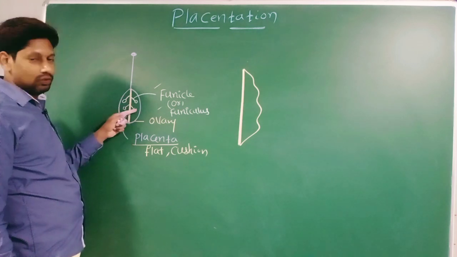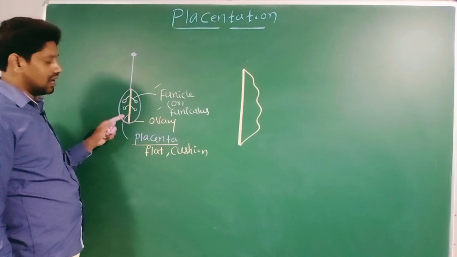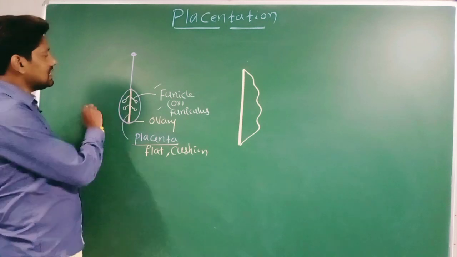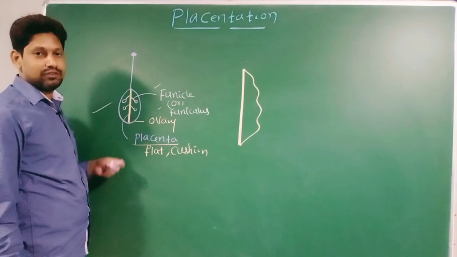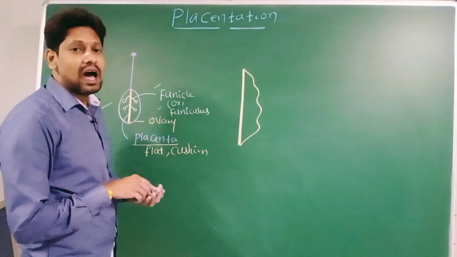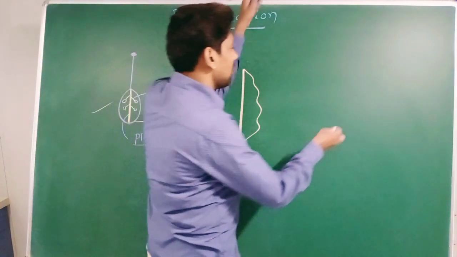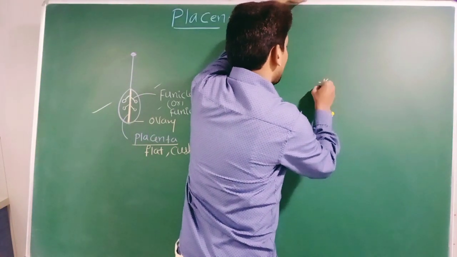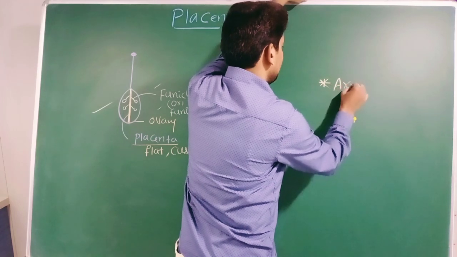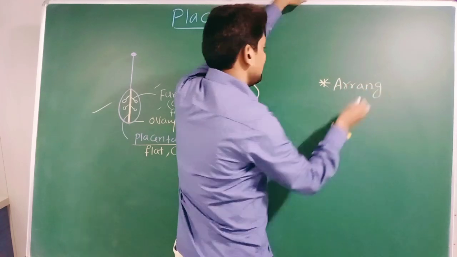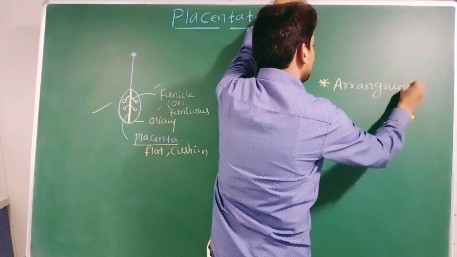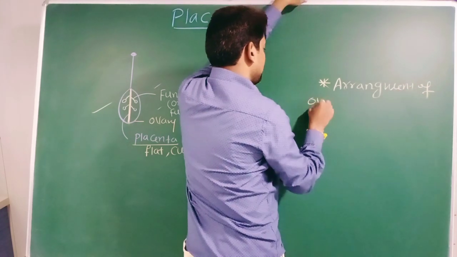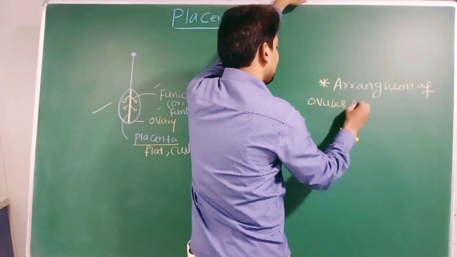Arrangement of ovules on the placenta inside the ovary is called placentation. Therefore, what is the meaning of placentation? Arrangement of ovules. It's not the number, I am saying arrangement. Arrangement of what? Ovules. Where?